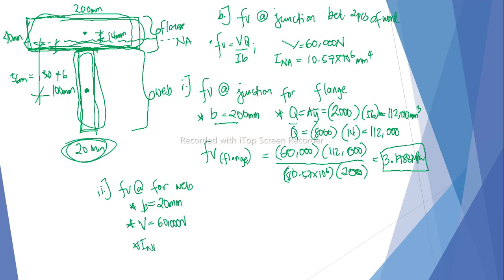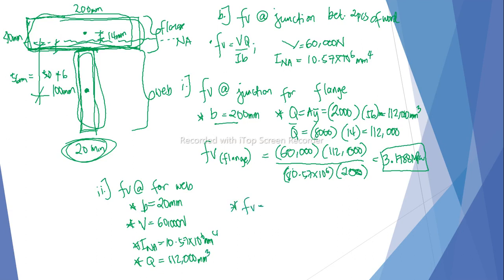Our moment of inertia is the same, 10.57 times 10 to the 6 millimeters to the fourth. Our Q will still remain the same, 112,000 cubic millimeters. So just substitute this into the formula.